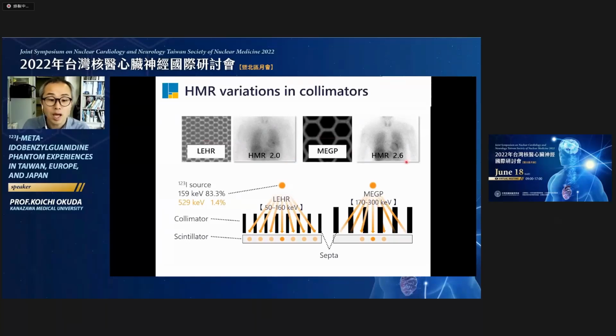This is because iodine 123 radionuclide has 529 keV high energy photons. These high energy photons can easily penetrate septa, the black ones, in the low energy high resolution collimator. However, in the MEGP collimator, a part of the high energy photons stops in the thicker septa.